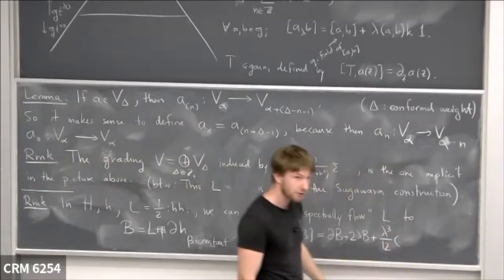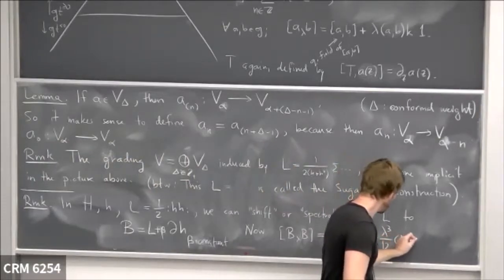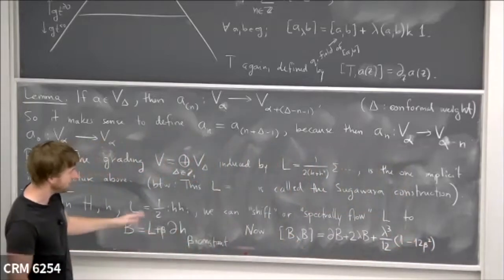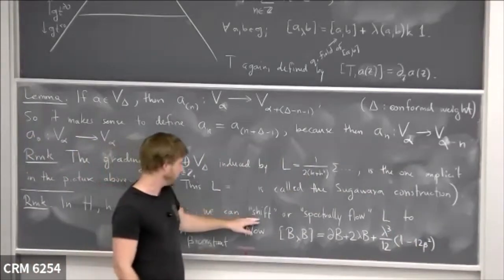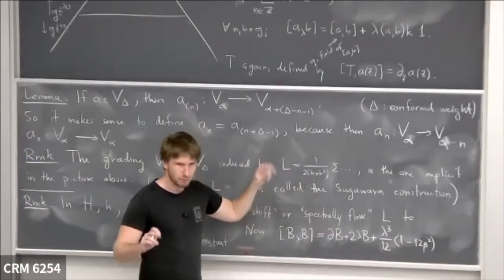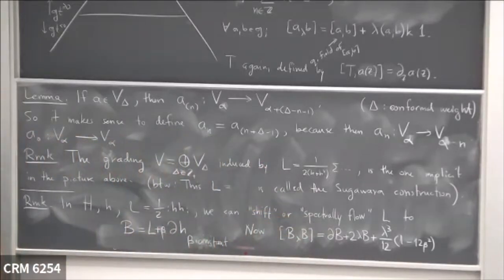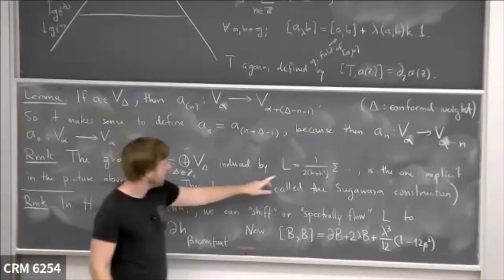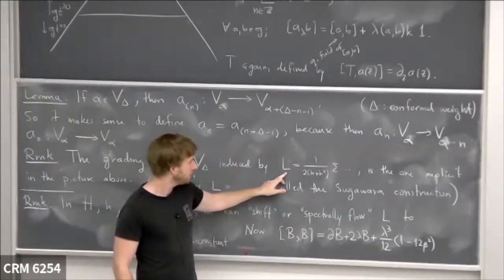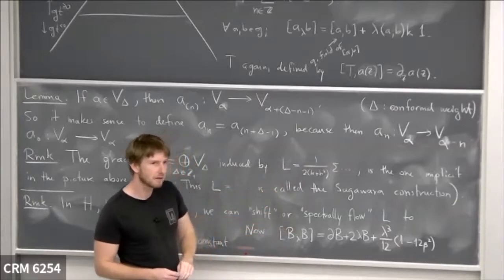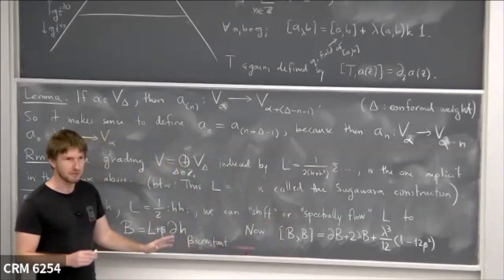Now the central charge changes: it was 1, and now it becomes 1 minus 12β^2. This kind of thing I would call a shift or twist, any of these generic words. More specifically, spectral flow is a term in physics that refers to this kind of thing. Similarly here, if you take L and add on the derivative of any element in g, it will again be a Virasoro vector, and again the central charge will change in a specific way.